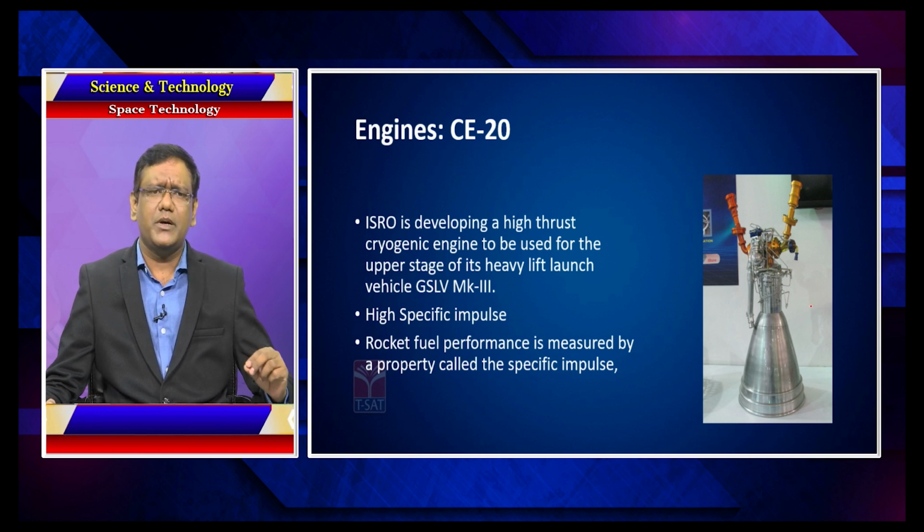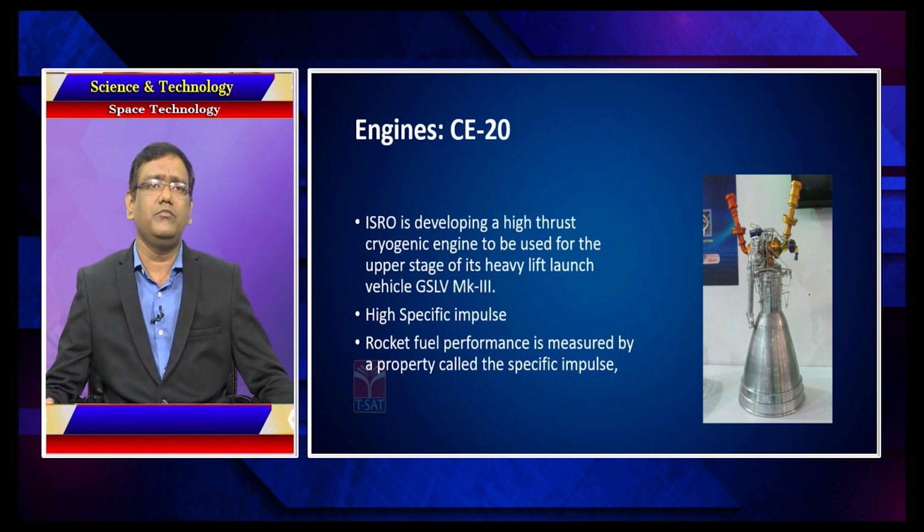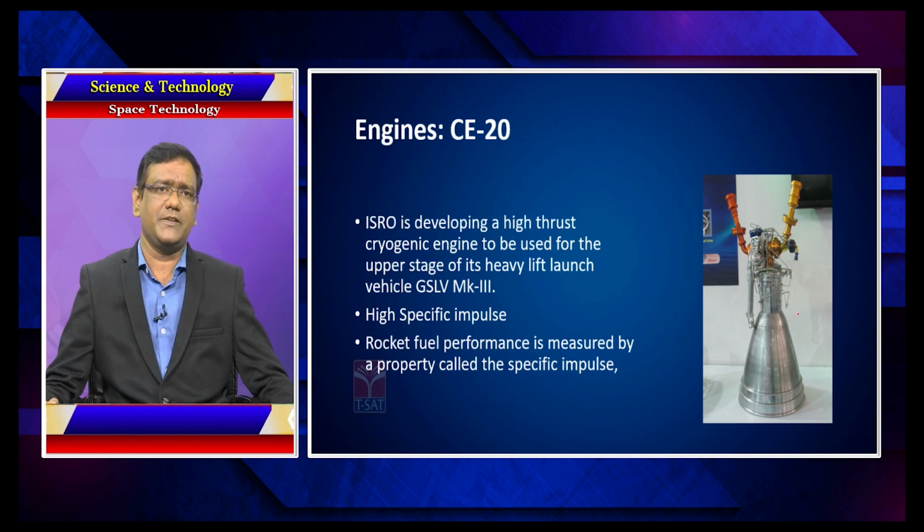That means per kg or per gram of fuel, it gives high thrust. Rocket fuel performance is measured by this property called specific impulse. Since we have high specific impulse, that's why we are using liquid fuels. For liquid fuels, we need specialized cryogenic engines. That engine is nothing but the cryogenic engine C20 that India is developing indigenously.